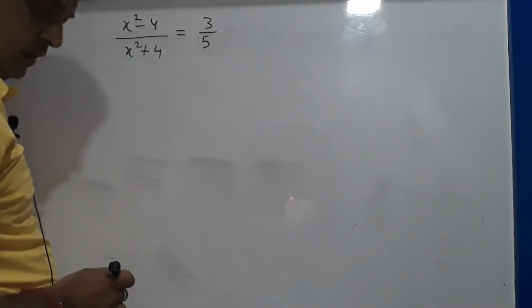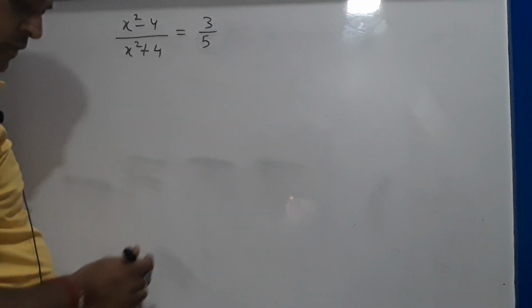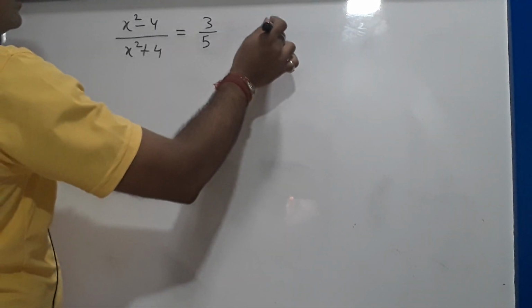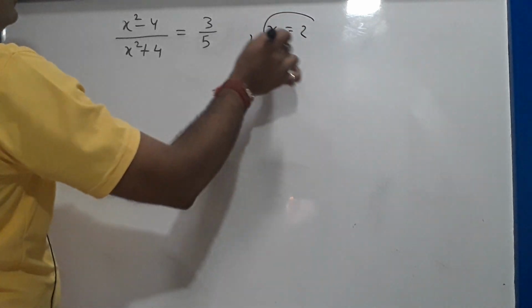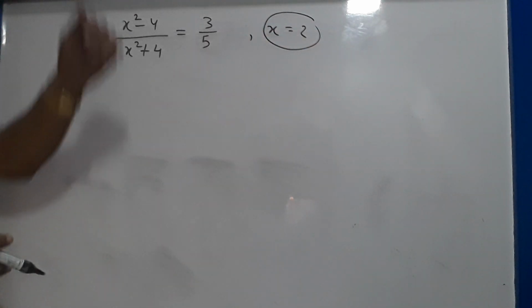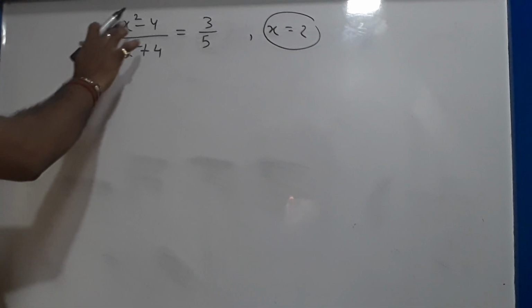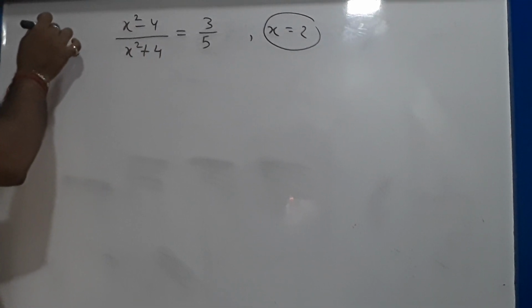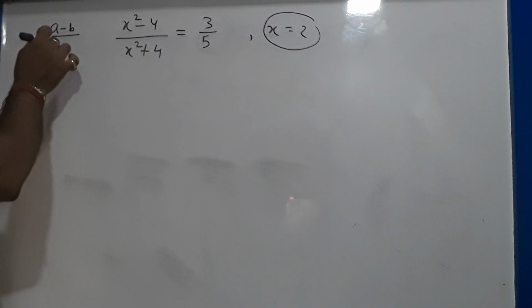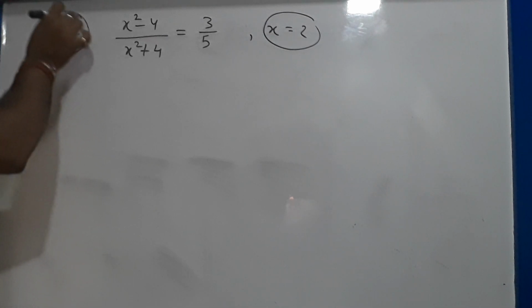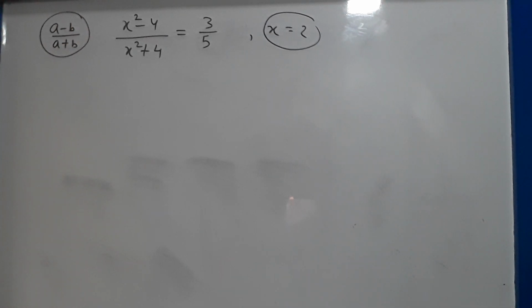Find the value of x. Correct? So you can see the numerator form: a minus b upon a plus b.